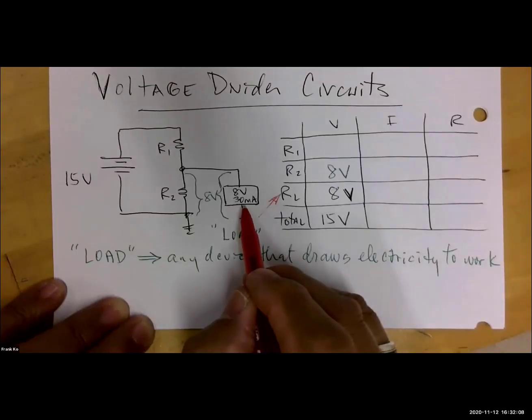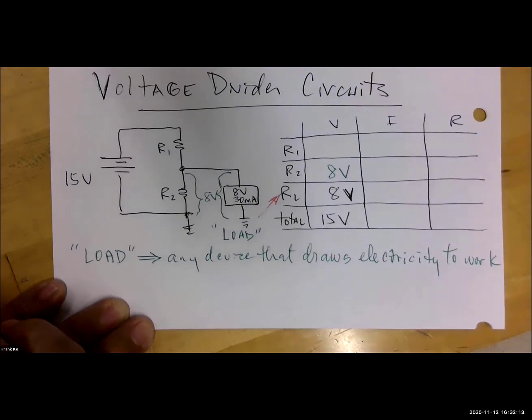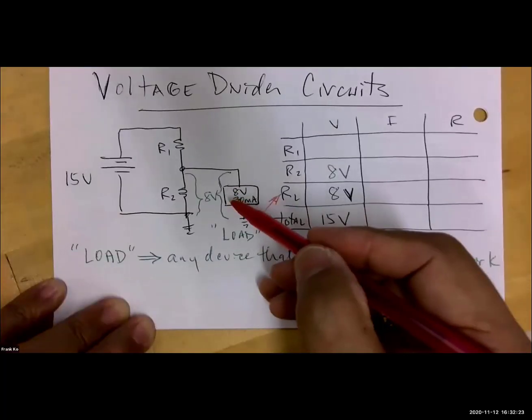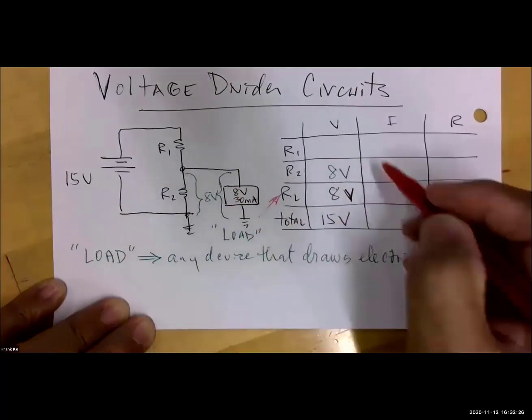And this current of 30 milliamps goes where in this table? It goes for the load. Yeah, it goes in the current column right here. And it is associated with the load because that's one of the requirements. So that 30 milliamps has to be right here.